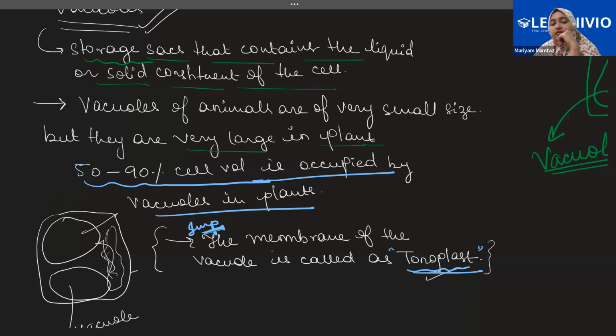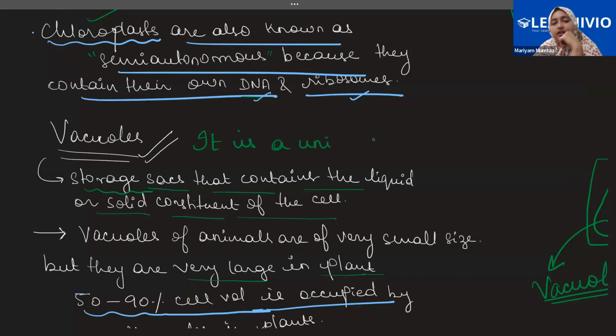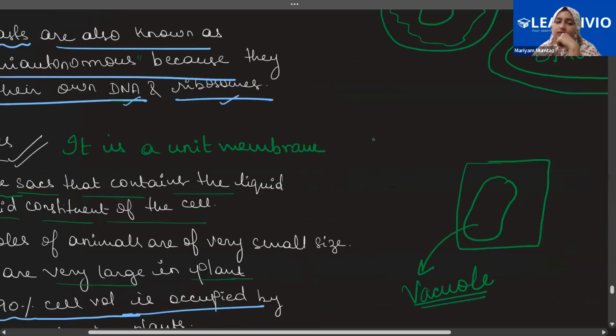Another important thing to remember is, talking about the vacuole, it is a unit membrane structure. What do you mean by unit membrane structure? Unit means one, right?